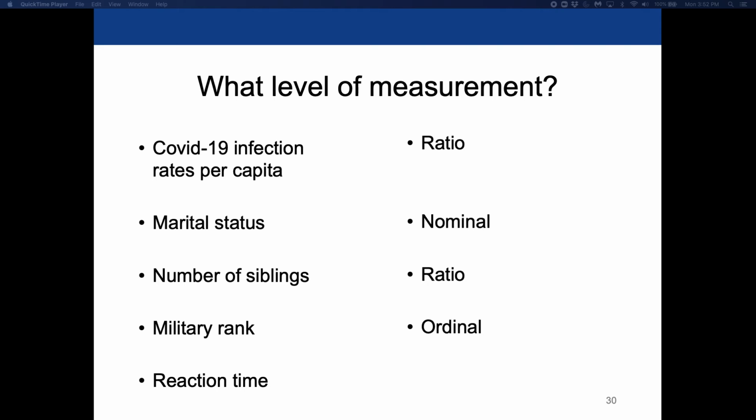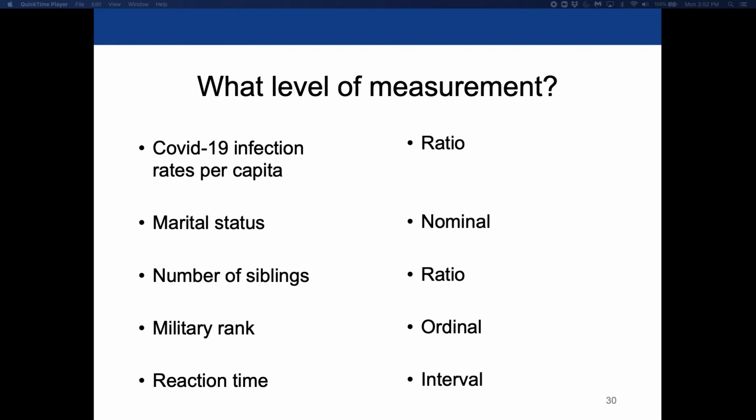Or you're a very, very fast, very agile person, and you smack the stick out of the person's hand with lightning speed, but you wouldn't have an absence of reaction time. There was going to be a reaction. It doesn't make sense to have no reaction in that context with that kind of measurement. So then we're talking about interval. There is no meaningful absence.